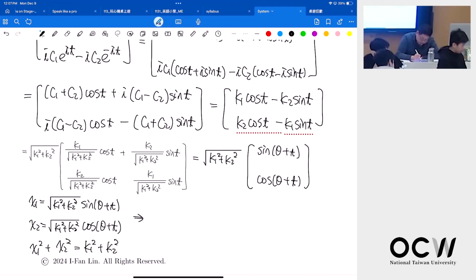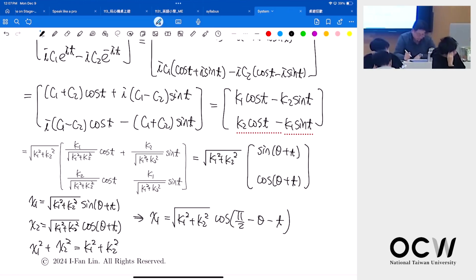So x1 is k1 squared plus k2 squared cosine pi over 2 minus theta minus t. And we can say this is an alpha.